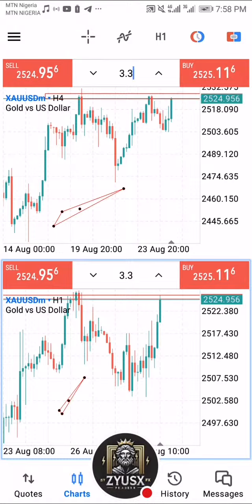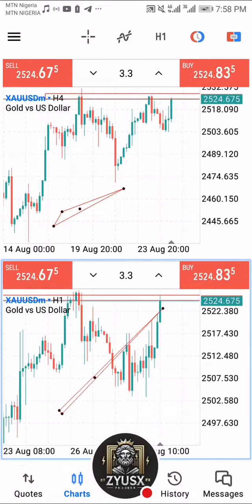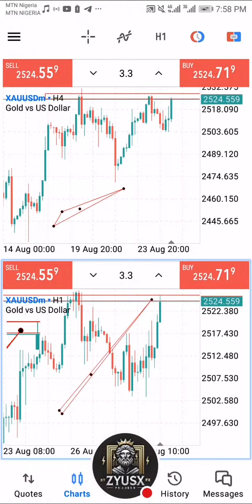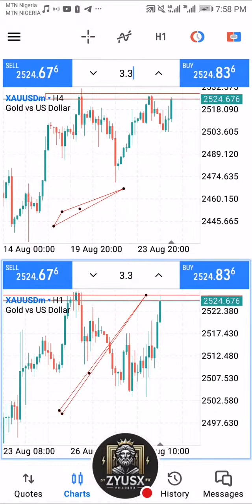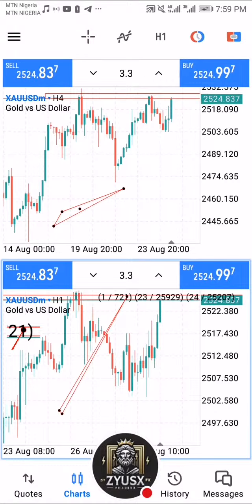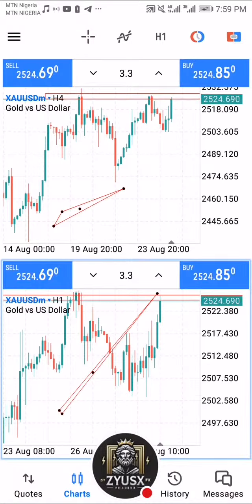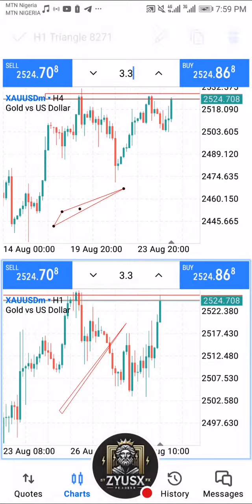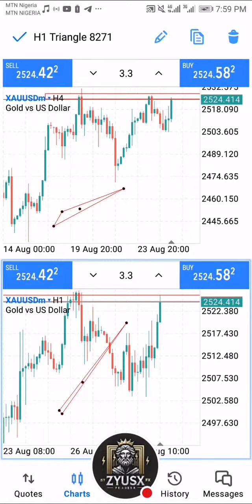So 2 minutes before this candle close, 2 minutes before the 1 hour candle close, all we are waiting for is a candle to close for us to take a trade. The reason being, we don't know if price is going to break above and close. If the candle closes below the level, there's no doubt I'm setting my sell stop order. So 1 minute before the candle close.